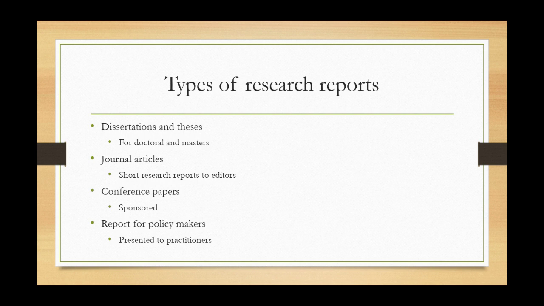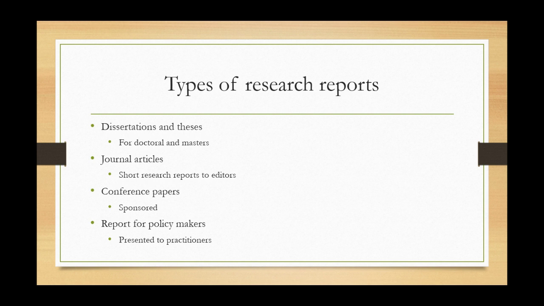After that, they produce a report that is presented to the audience at such state, regional, national, or international conference. The audiences for these conference papers are normally researchers or practitioners, or they may be policy makers.